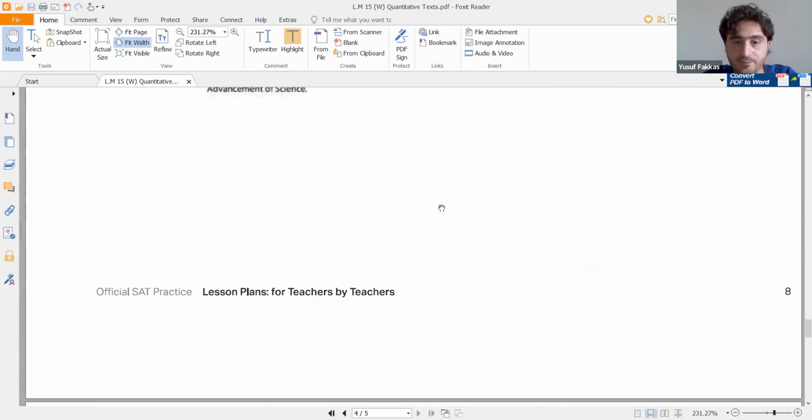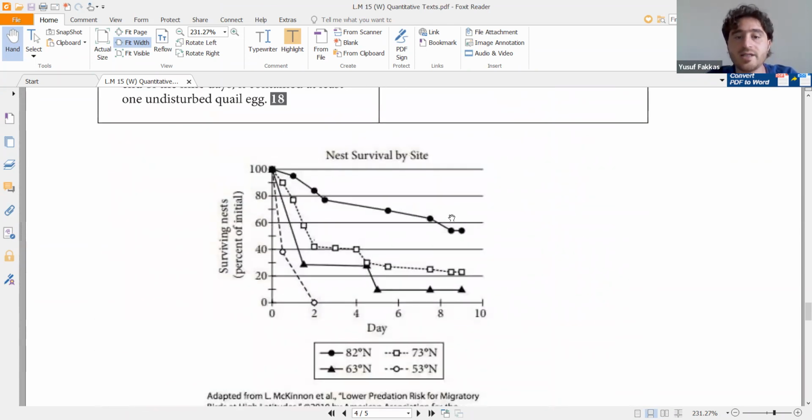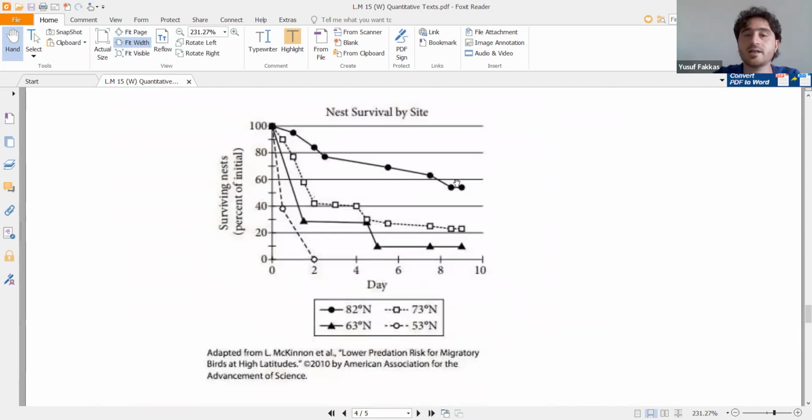All right, let's look at the figure first. So what are they telling us about? They are telling us about the nest survival according to the site. So it's the nest survival by site. What do we have here? We have the percent of initial for the surviving nests. And then here we have the number of days from 0 to 10 days.